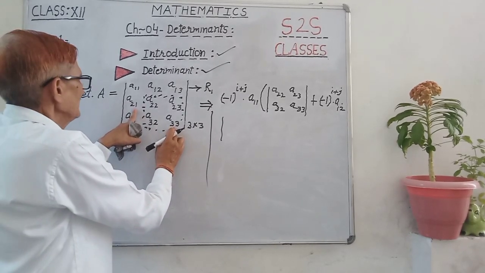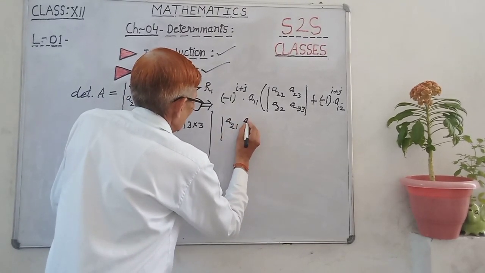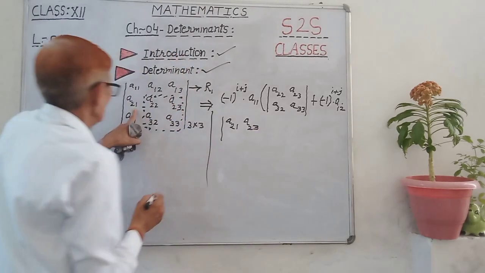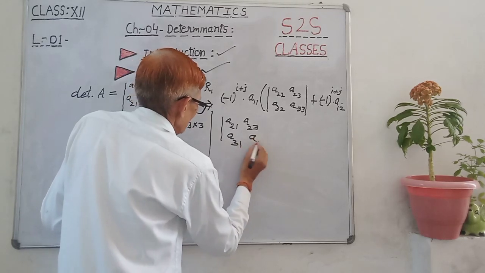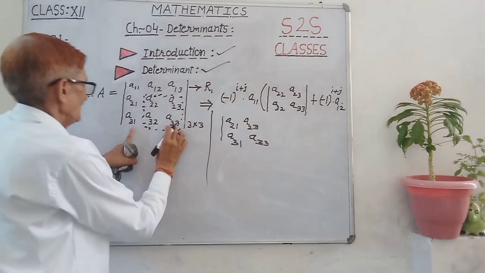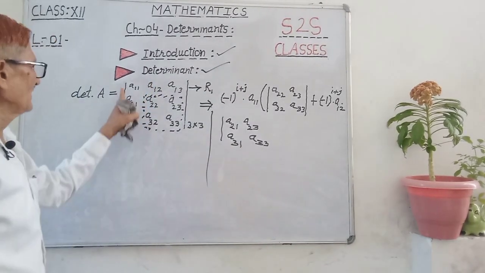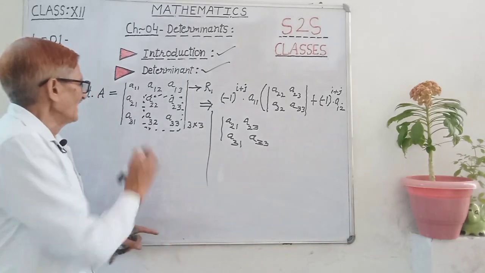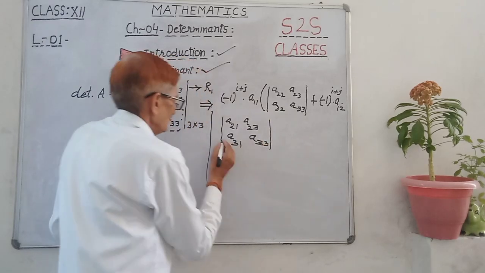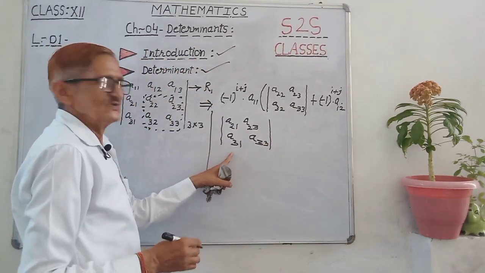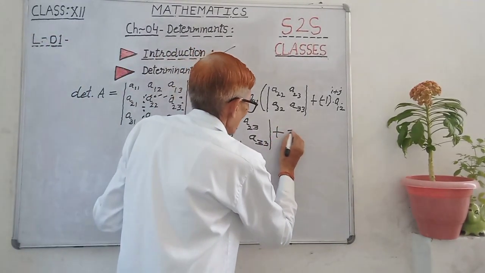So determinant of a21 a23, a31 a33. This and this can say along that element what is the column and what is the row both cancel out and remaining 4 elements, that is square matrix, that is determinant. Calculate this value into this and then plus third element a13.